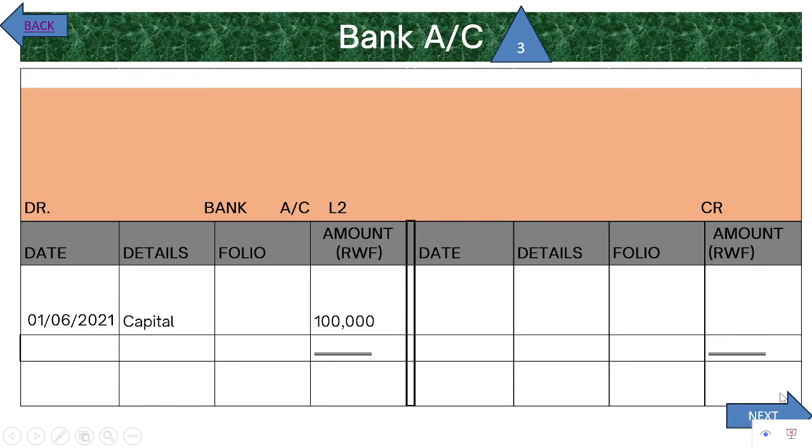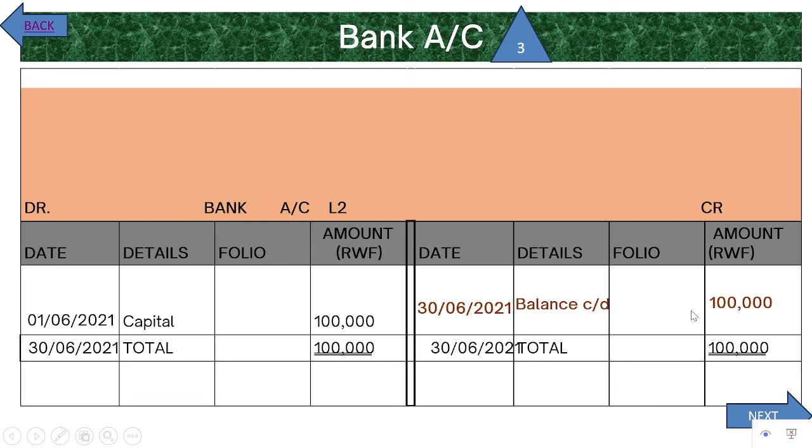We go next to the bank account. We shall not need the bank account again. We are going to close it off, to balance it off. By balancing it off, as usual, we total debit and credit. Debit has 100, credit didn't have anything. So we need 100,000 Rwandan francs for the debit side to be equal to the credit side.